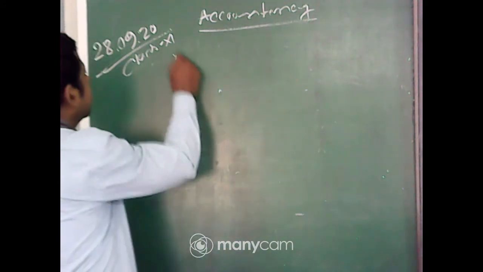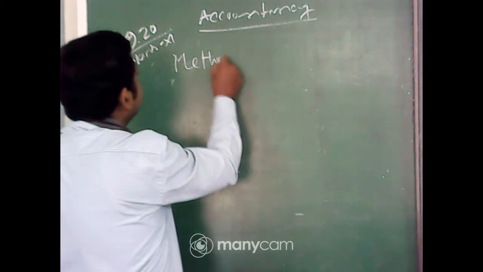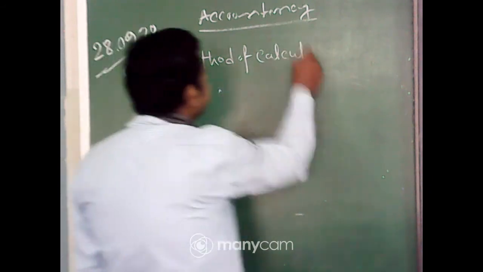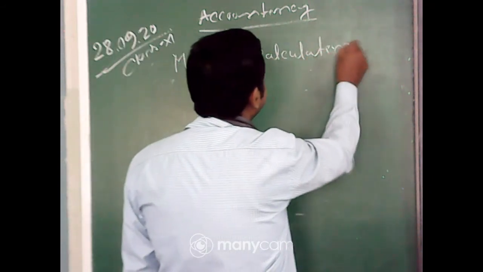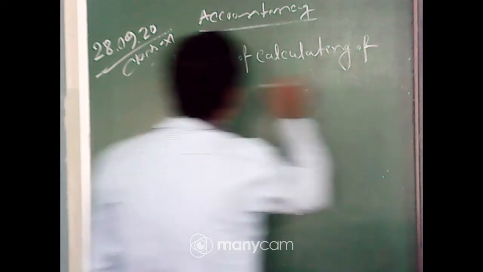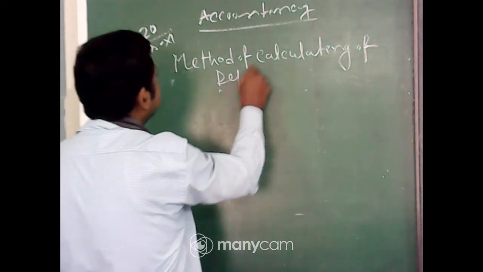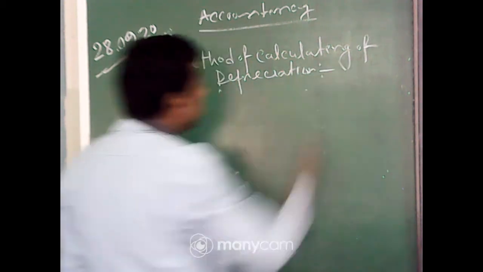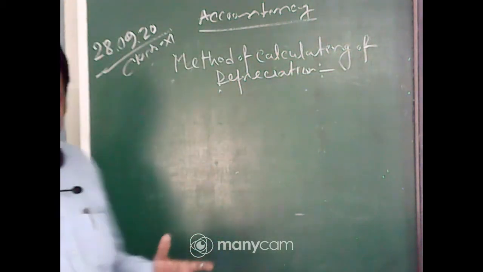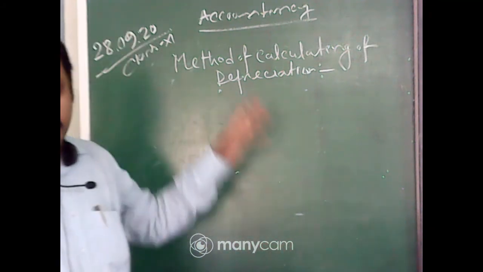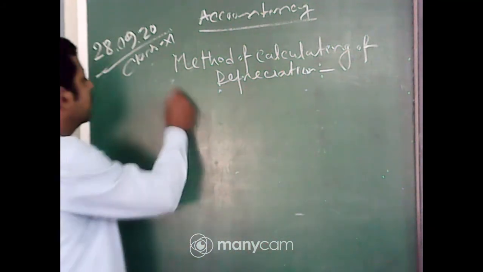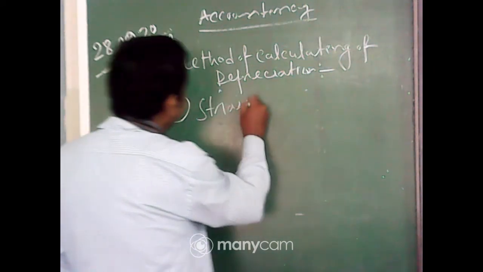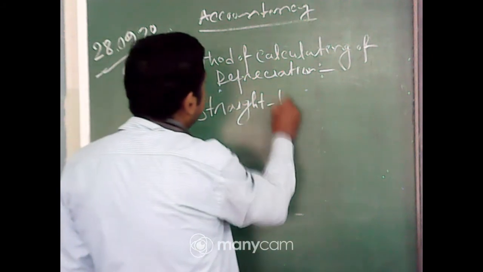Don't mix them up. Previously I told you about the method of recording. This is the method of calculating depreciation. One method of calculation is the straight line method.